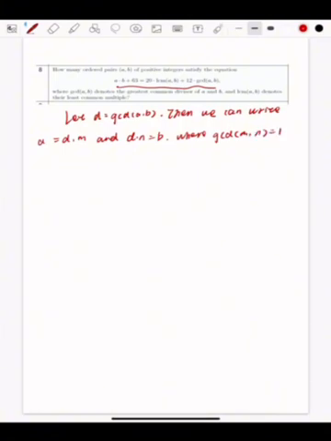And since we know that, and substitute it into the original equation, and then we have, and simplify it.